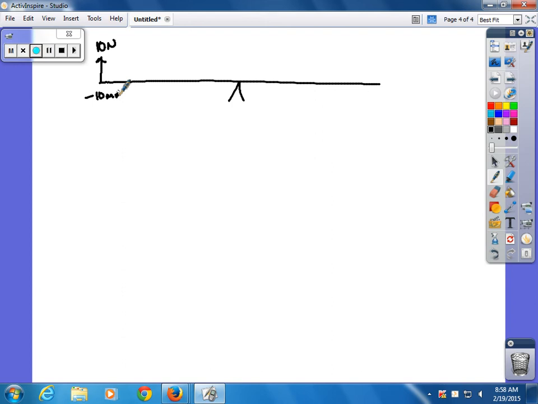In other words, this way, 10 meters. And then 50 newtons at 8 meters.